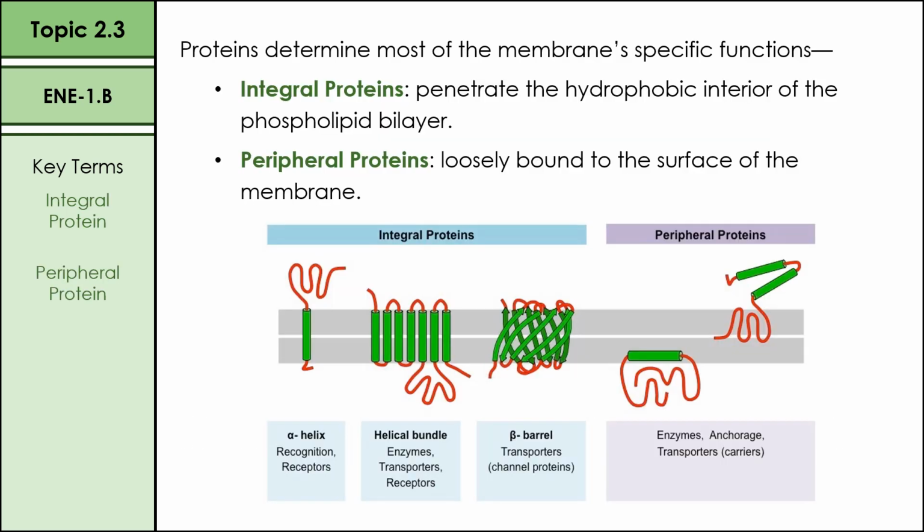Looking at our proteins, it's important to note that the structure of our proteins determines how they're going to fit within the phospholipid bilayer. Recall that because our phospholipid bilayer contains that hydrophobic interior, it will orient itself with other hydrophobic bits of our proteins.